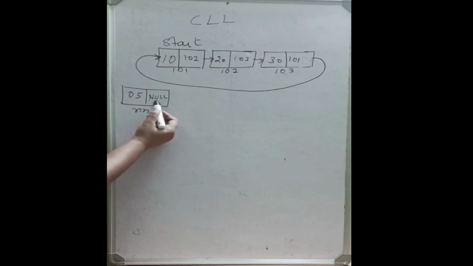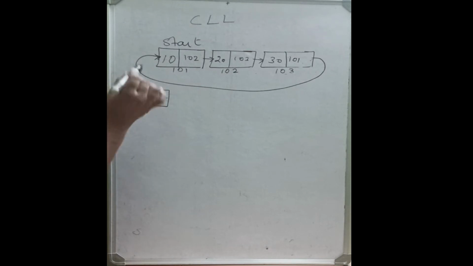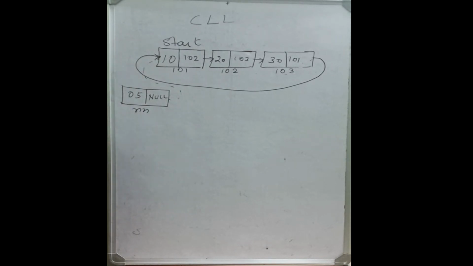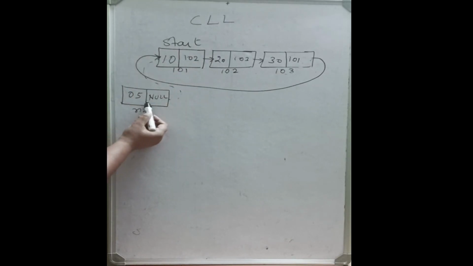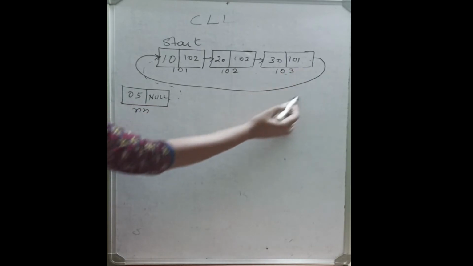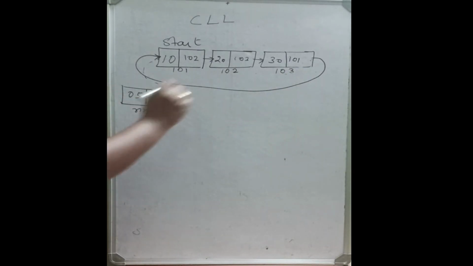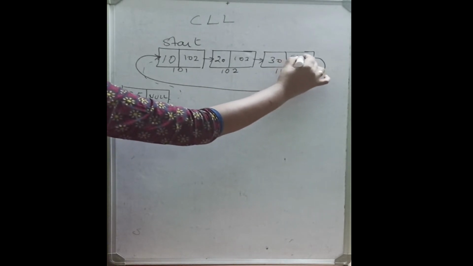The new node's link field, we are going to attach to the start pointer. The link will be created like this. But I have to make this the start node, and bring my link to this node. So now what is this 101? 101 is actually the address of start.